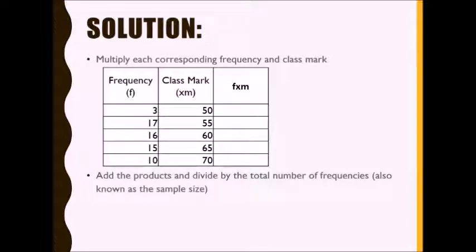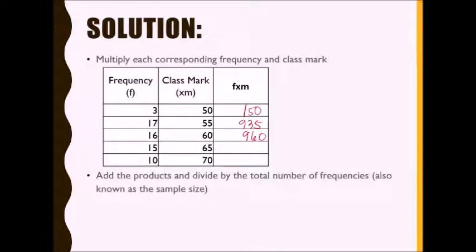Multiplying the two, 3 times 50, we have 150. Then 17 times 55 is 935. Then 16 times 60, this one is 960.